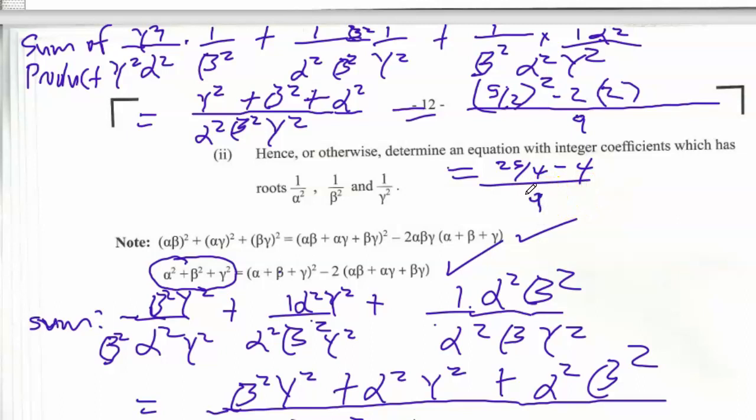So what we can do is write the 4 as 16 over 4. So that's 25 over 4 minus 16 over 4, divided by 9. So 25 minus 16, that's 9. That's 9 over 4 divided by 9. Now dividing by 9 is the same as multiplying by 1/9. Alright, so we end up with a quarter.